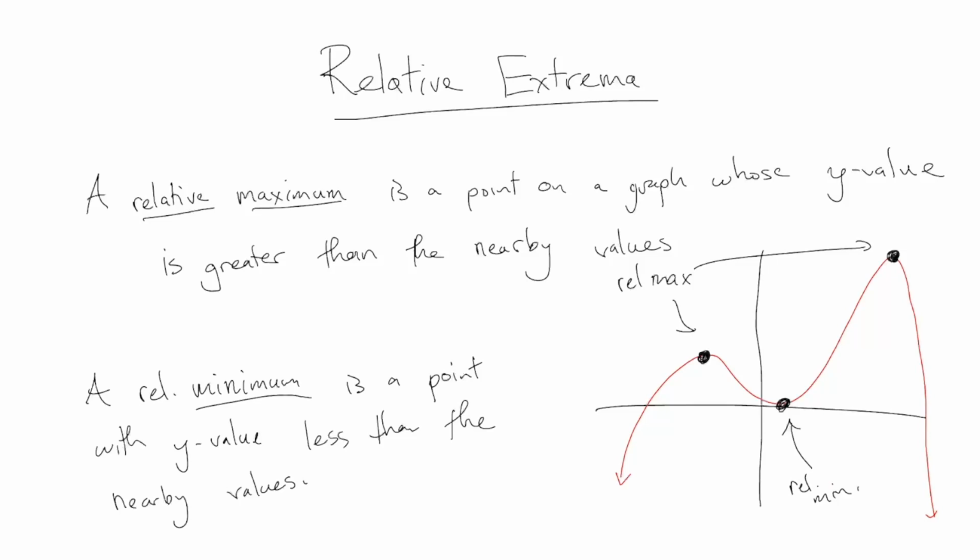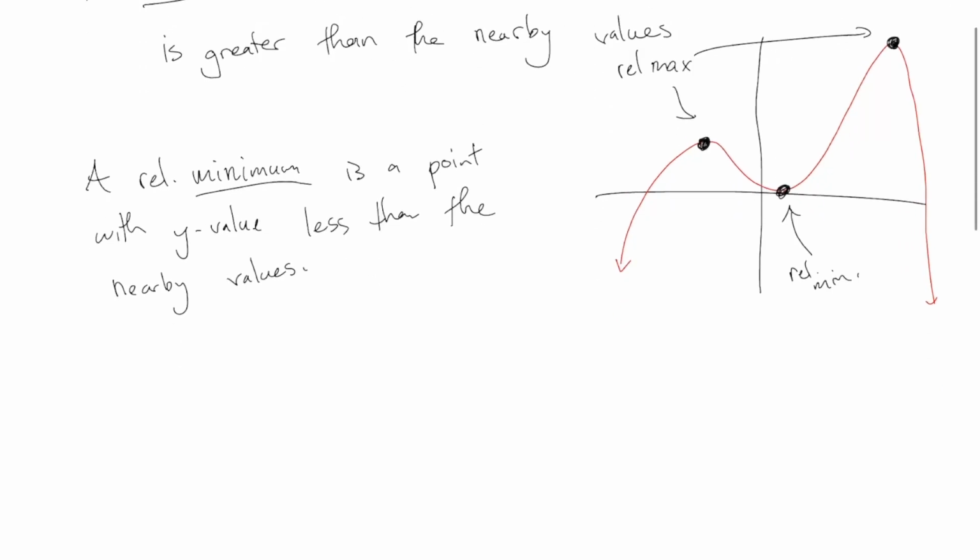We have talked about the importance of points like that before. Those bumpy points, either the tops of the hills or the bottom of the ditch. Those are called relative extrema. The word extrema is the plural of the word extremum, which is meant to be like a minimum or a maximum. Either one of those is called an extremum.